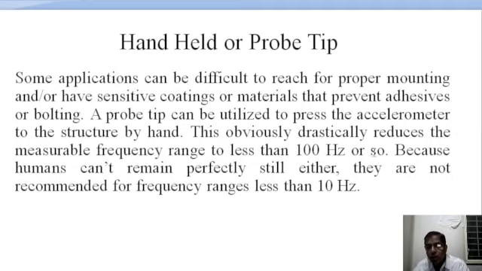So if you are measuring vibration at less than 100 Hertz, then it is recommended to use the handheld probe. Otherwise, for frequency measurement of more than 100 Hertz, it is recommended to use either of the above mentioned methods, because humans can't remain perfectly still. They are not recommended when the frequency range is less than 10 Hertz.